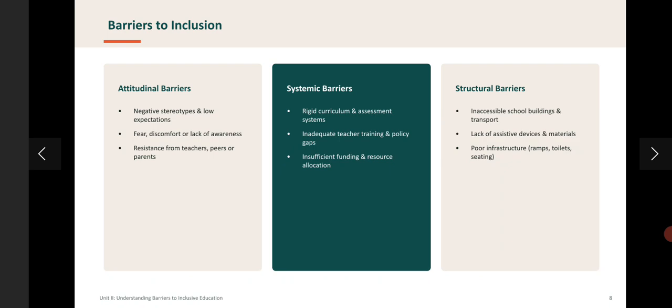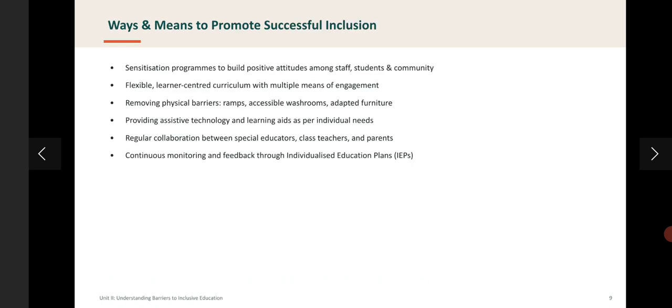Then how will they handle it? Structural is all about the materials and the things around them. If these things are happening in inclusion, then automatically it shows they are integrated, not included, right? So this needs to be noted.